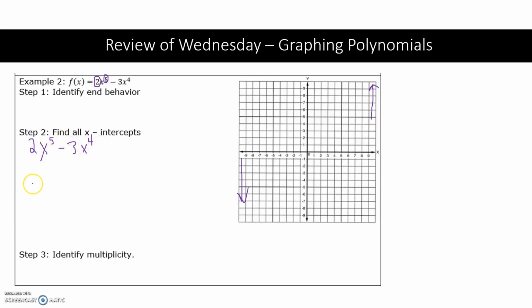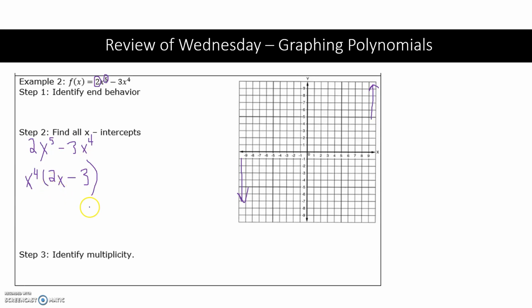Well, they both have at least 4 x's, so I can factor out 4 x's. So I'm going to have x to the 4th on the outside of the parentheses. So that means on the inside, when I take out x to the 4th, I'm going to have 2x minus 3.